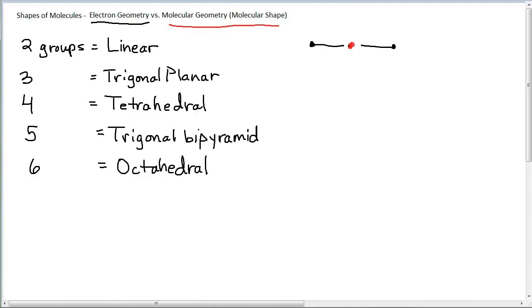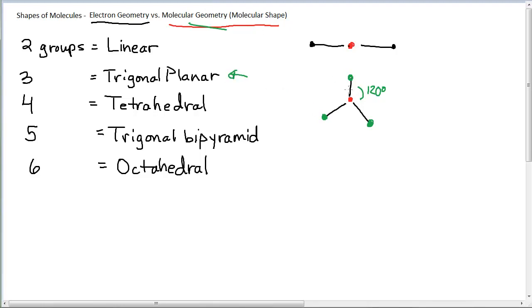If there are 3 groups around a central atom, those 3 groups will take on a trigonal planar arrangement where the bond angle is about 120 degrees. If there are 3 atoms attached to each one of those groups, an atom attached to each group, I still call the molecular geometry or the molecular shape trigonal planar.